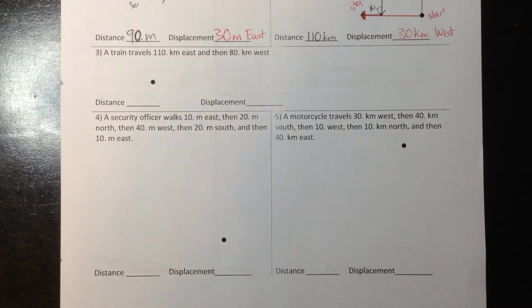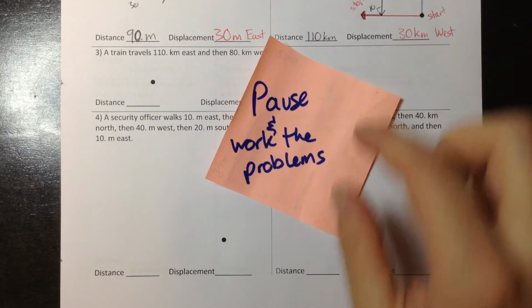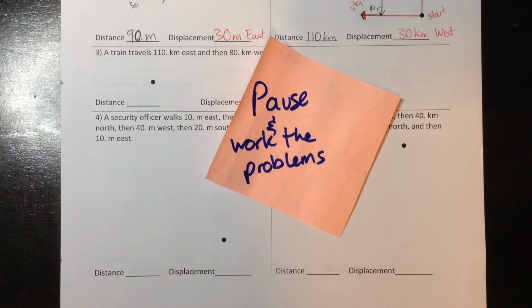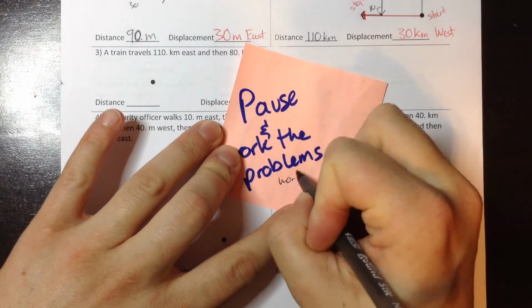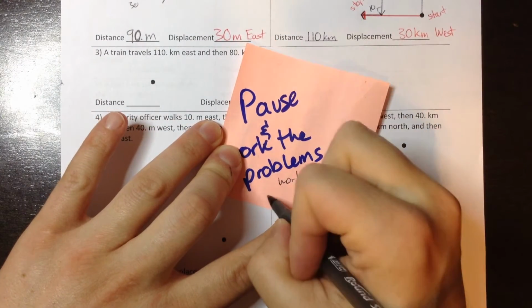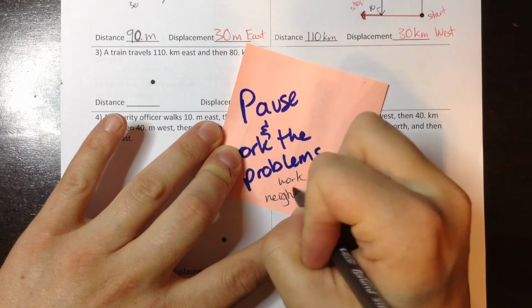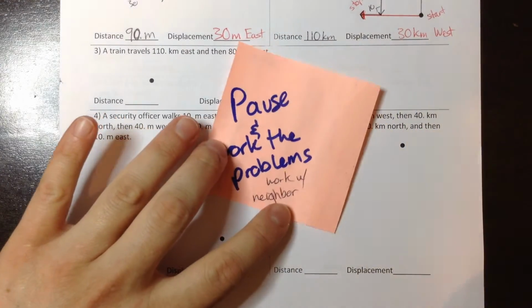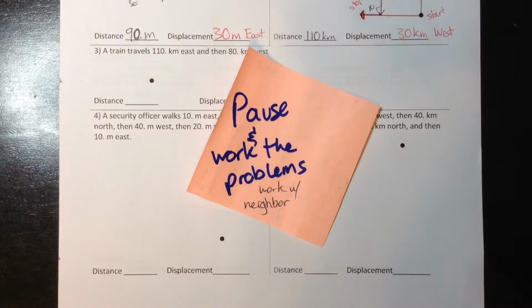And you have to be able to do these for the quiz. So pause, work the problems, and I would recommend working with your neighbor. That's how you're going to do your best on this. So pause now.